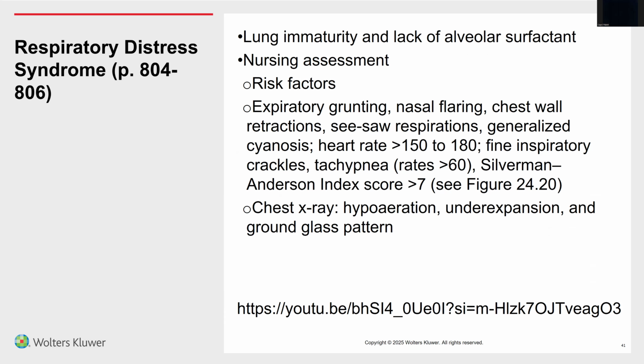Their chest x-ray is going to show hypoaeration, underexpansion of the lung, and a ground glass pattern in the lung. So it's going to look like somebody just threw a clear glass down and crushed it and ground it. And that's kind of what the pattern in the lung looks like.